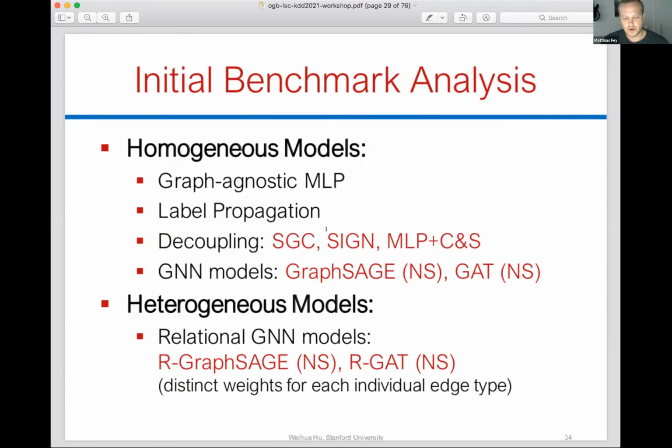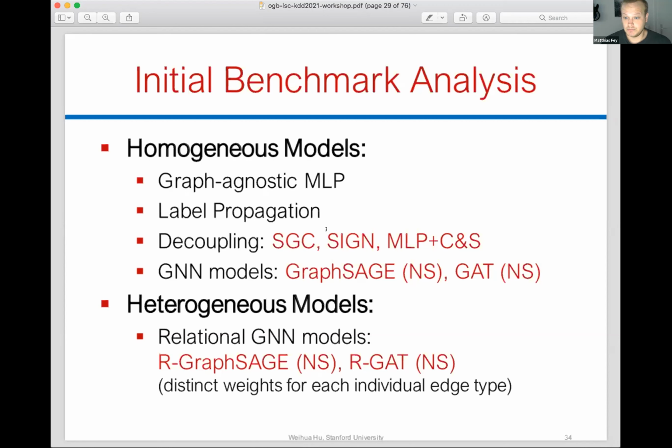So we performed an initial benchmark analysis using different models. In particular, we benchmark homogeneous models that purely operate on the homogeneous paper-to-paper graph. And we also benchmark heterogeneous models that take the full heterogeneous information into account. In particular, we benchmark graph-agnostic MLPs. We use a label propagation algorithm.